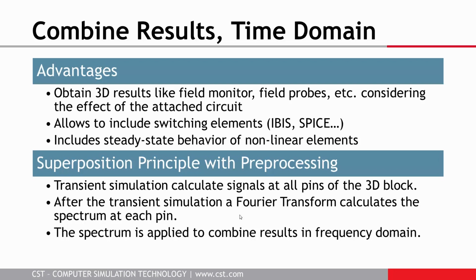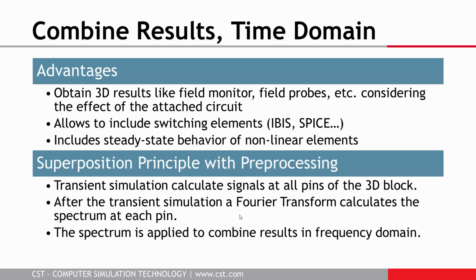It's a combined results using transient simulation. Basically what is happening in the background is the same superposition principle that I showed you before, but we are getting the frequency domain data by a Fourier transform of a previously simulated transient task.